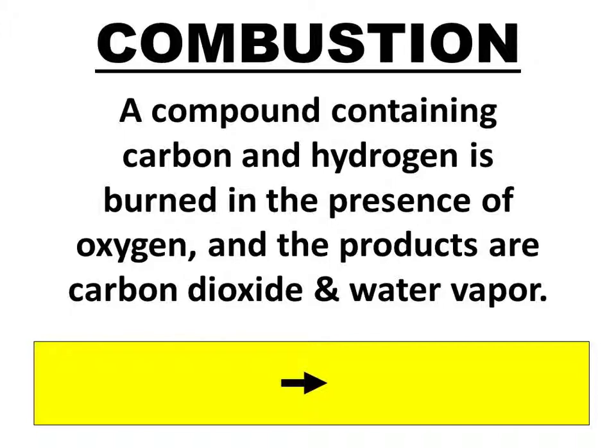And for our 6th and final reaction, we're going to have combustion. Combustion is where you have a hydrocarbon, meaning that you have a carbon and a hydrogen bonded together, and they could have different amounts of carbon and hydrogen, and they are always burned in the presence of oxygen, so air, O2, and it always produces carbon dioxide and water, always.